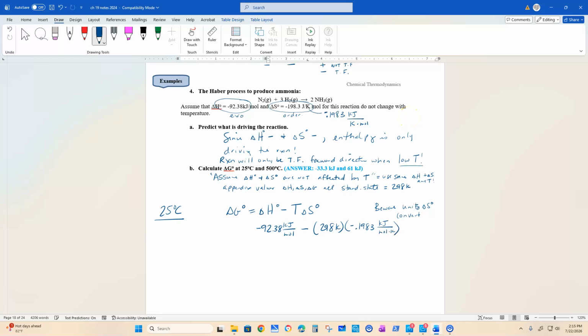So let's plug this in. Take care of the temperature and delta S first. So 298 times that negative 0.1983. So this part right here stays negative. 3 sig figs, negative 59.0. Our Kelvins cancel, and then I get my kilojoules per mole. Okay, so I'm going to take my negative 92.38 minus that negative number, which becomes positive.